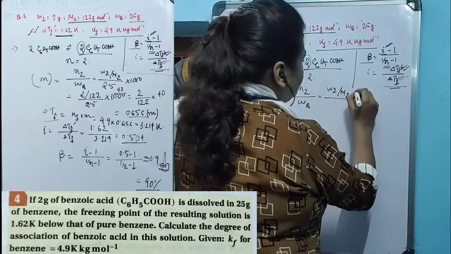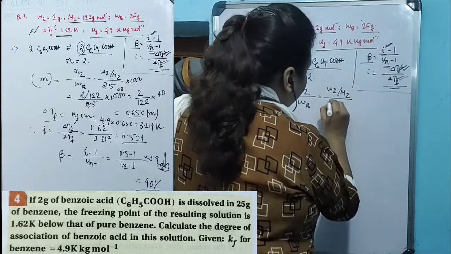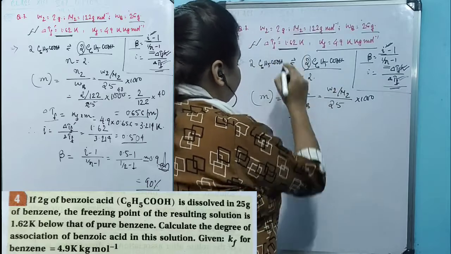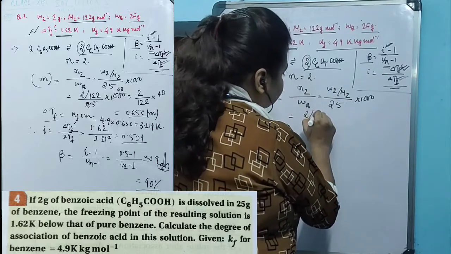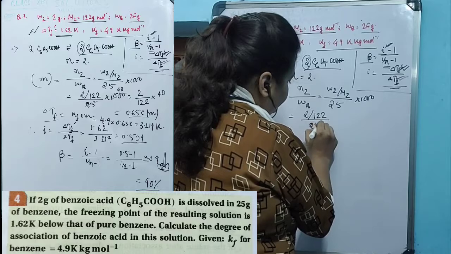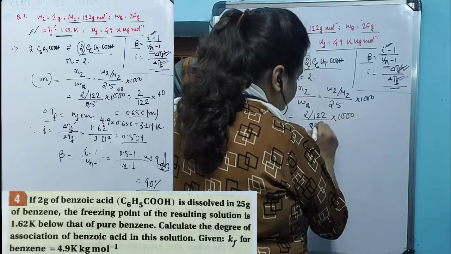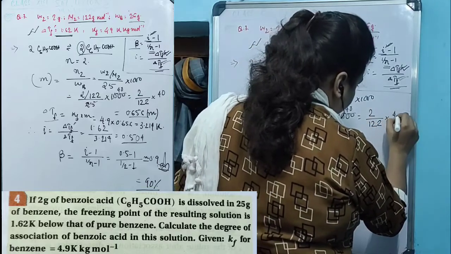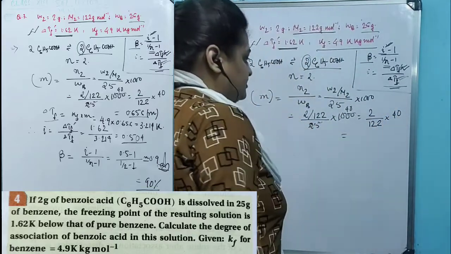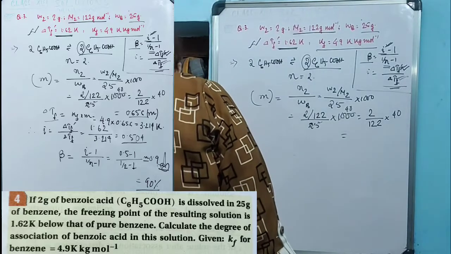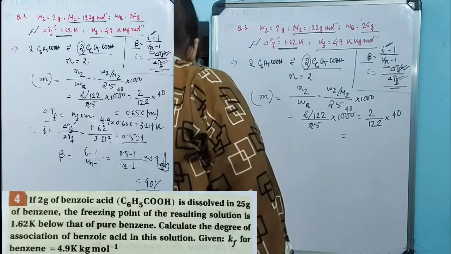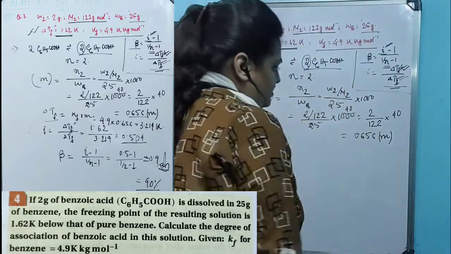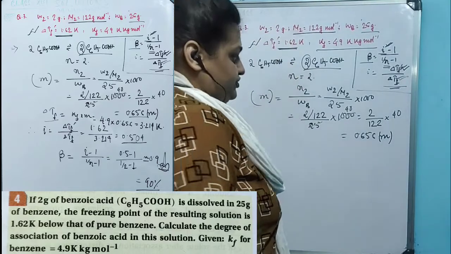W2 is given as 2 gram and M2 is 122, divided by 25 multiplied by 1000. So the answer will be 0.656 molar. So this is the molality of the solution.